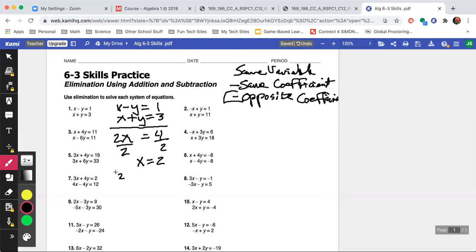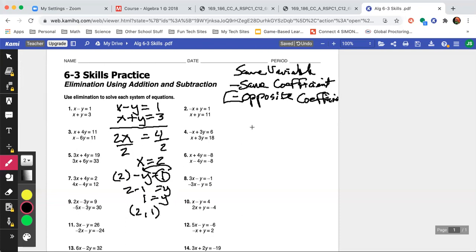If I plug 2 in, 2 minus y equals 1. That means y would have to be 1, right? So I move y over to the other side, and then I move this 1 over here. You'd have 2 minus 1, and you'd have 1 is equal to y. So the solution for this one would be the point (2, 1).